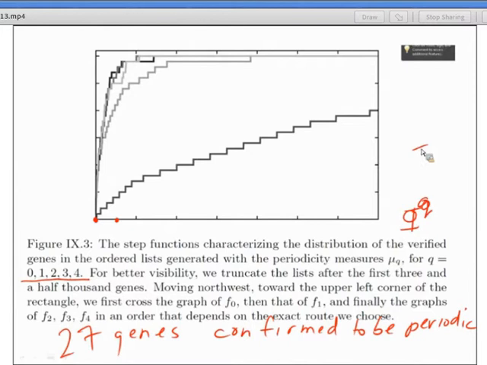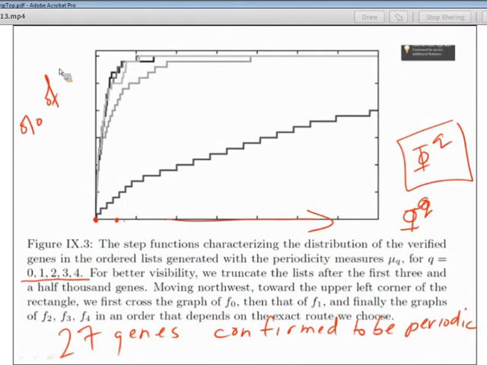So we're looking at phi q sort of increasing here. The larger phi q is, the less periodic we believe our function is. The smaller it is, the more periodic we expect it to be. Over here is the percent of the 27 genes that are found up into this list.